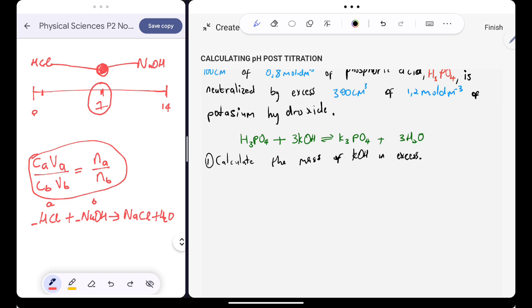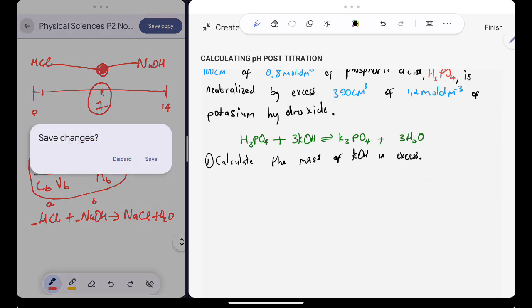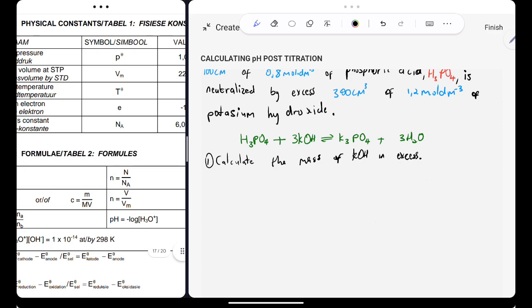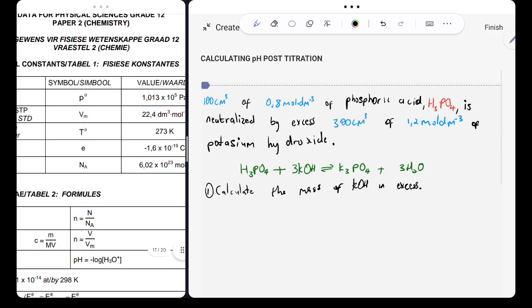Okay, let's get into examples of how to apply the knowledge we just spoke about. Here's an example. We are told that 100 cubic centimeters of 0.8 moles per cubic decimeter of phosphoric acid is neutralized by an excess amount of 300 cubic centimeters of 1.2 moles per cubic decimeter of potassium hydroxide.